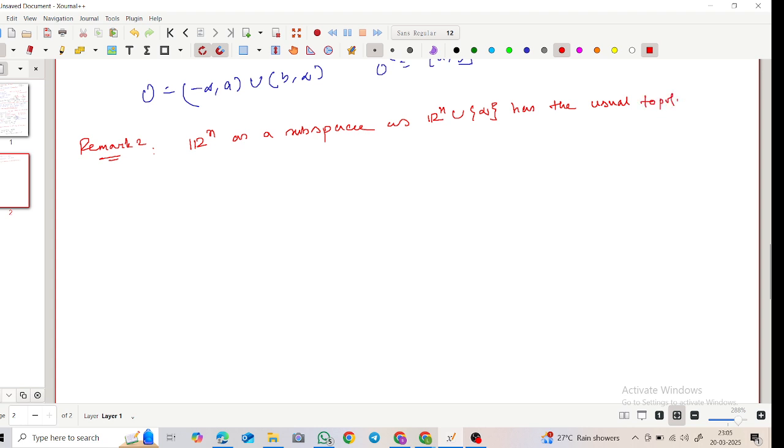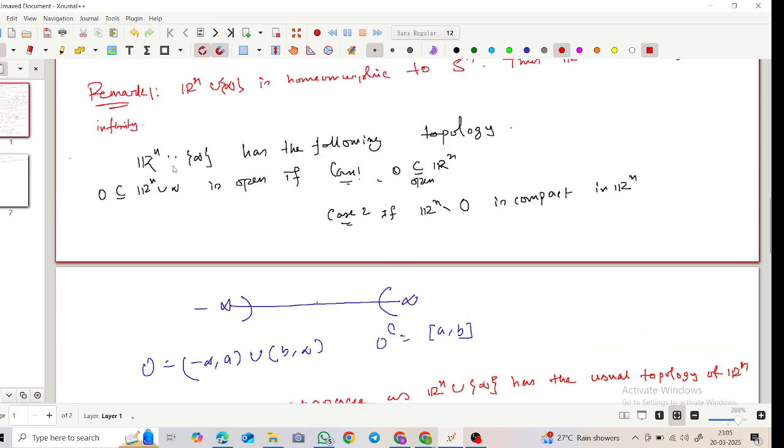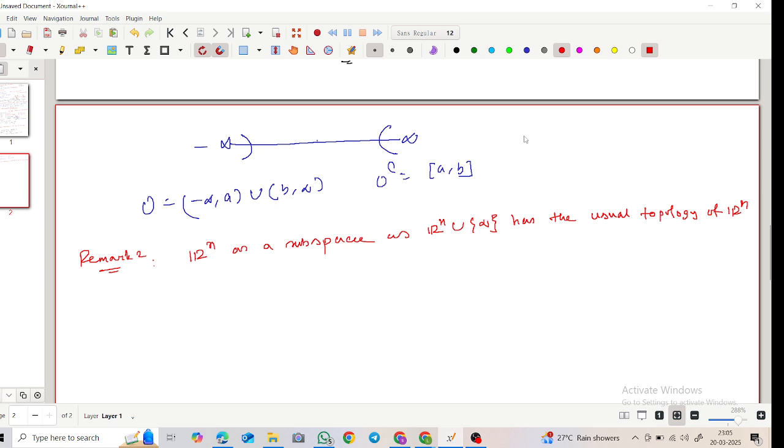Topology of Rn: Rn has a usual topology, right? But Rn union infinity, we gave it a different topology. Apparently this might not have any connection, but what I am saying is that if you treat Rn as a subset of Rn union infinity, then the subspace topology induced by this topology, maybe call it tau, is the usual topology of Rn.